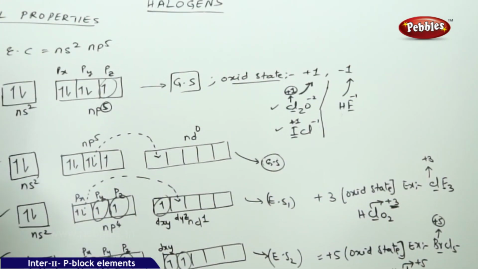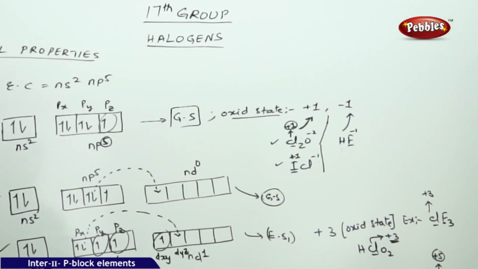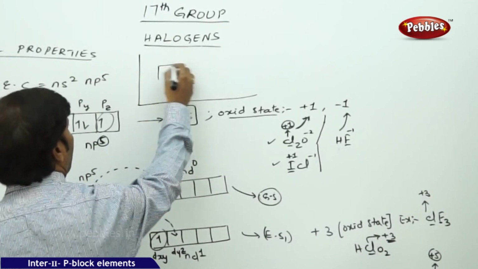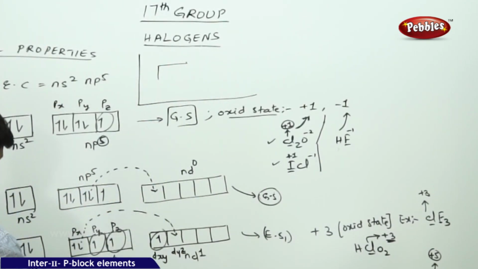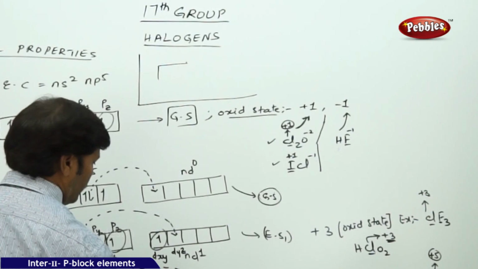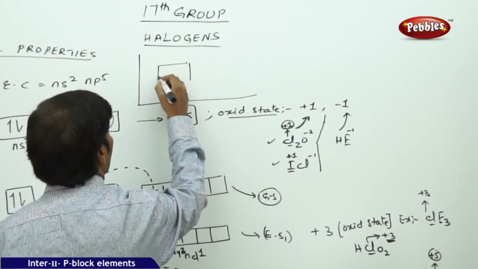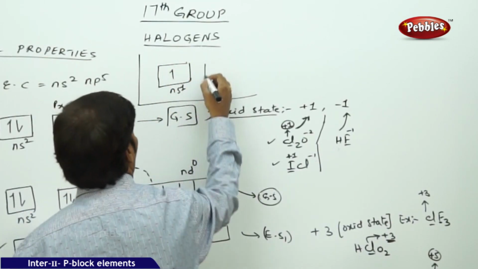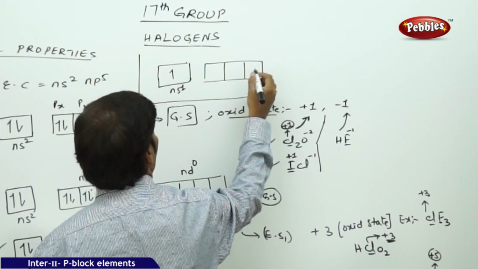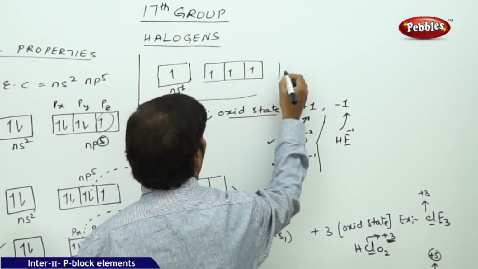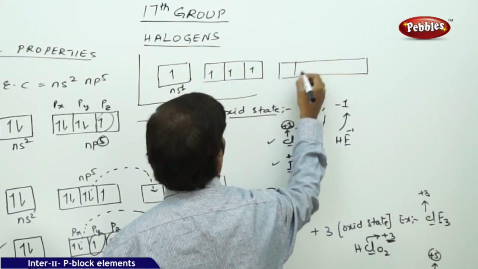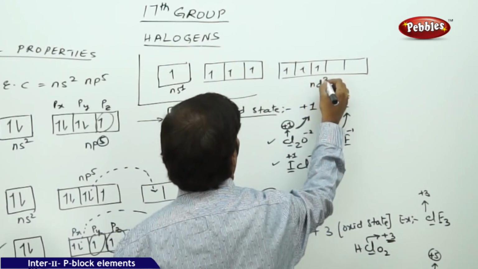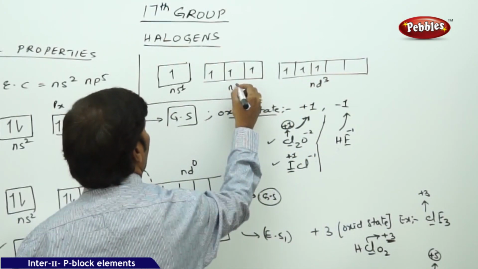So we have one more configuration, that is the third excited state. Let me explain the third excited state here. You can promote one electron from the ns2 configuration to nd2. So the first orbital is ns1, one unpaired electron, then np 1, 2, 3, then this is nd3. So 1, 2, 3, 4, 5. This is nd3, and here it is np3.